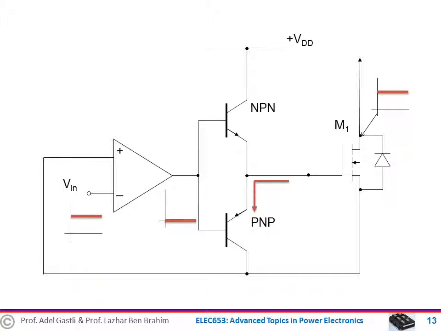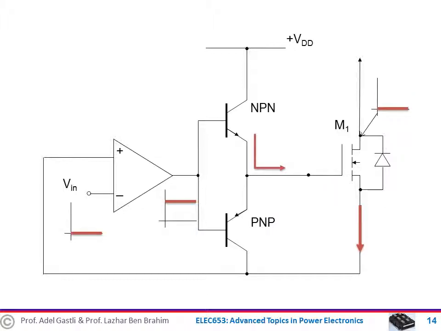When Vin is high, the output of the comparator inverter is low, which triggers the PNP transistor that will turn off the MOSFET and the drain source voltage becomes high. So the PNP transistor presents a very low impedance during the sourcing of the MOSFET.